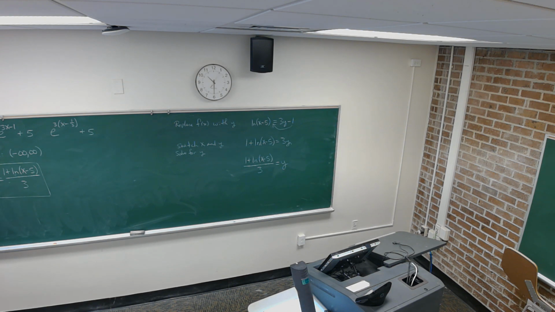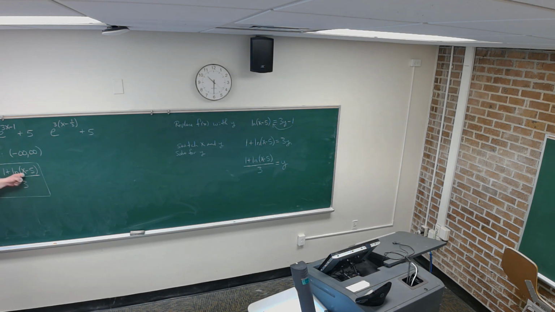So the right-hand side here, involving x, is just this natural log right here. The natural log of x minus 5 determines what the domain of the inverse function is.